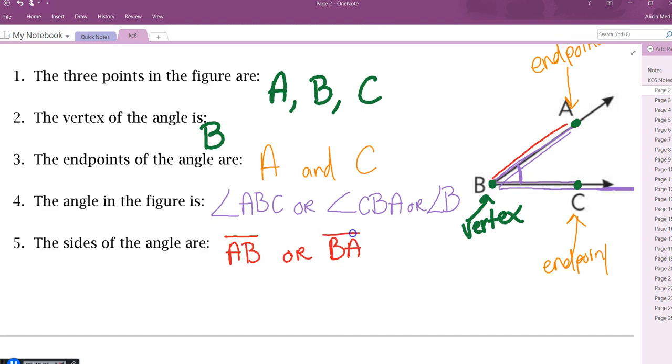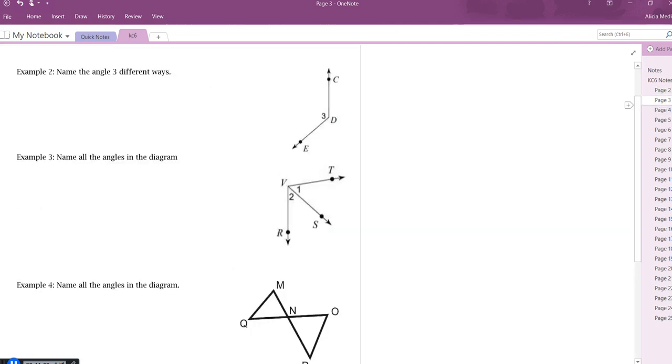That's the same line, right? So those two are either or. The other side would be from B to C. And again, you need that segment notation. And yes, you could have also said CB. Typically, we do go in order alphabetically, but if you don't and you switch up the order, that's the same side. All right, let's go ahead and practice some next ones.